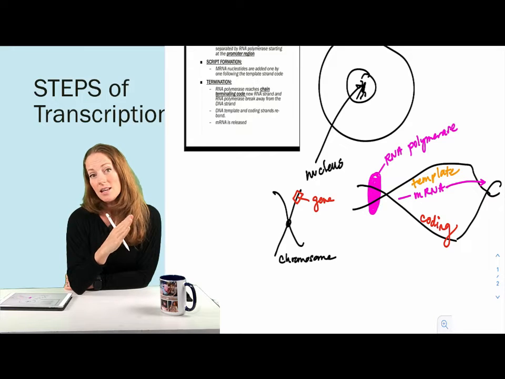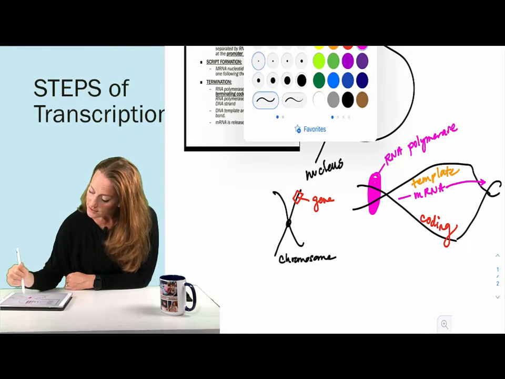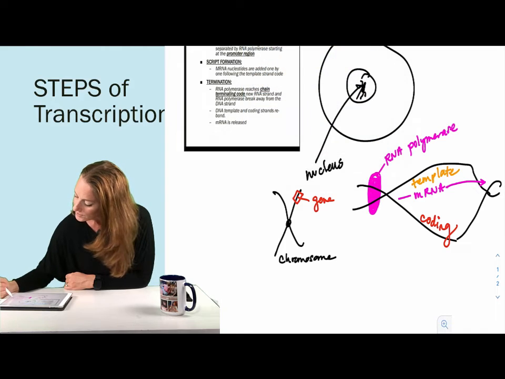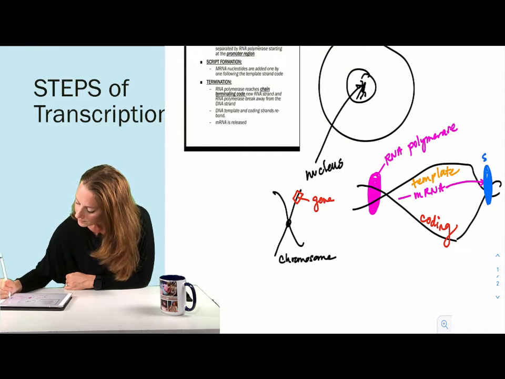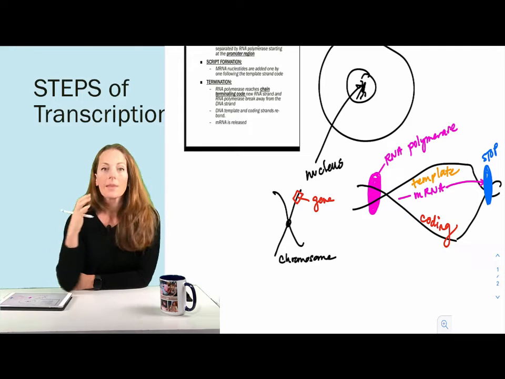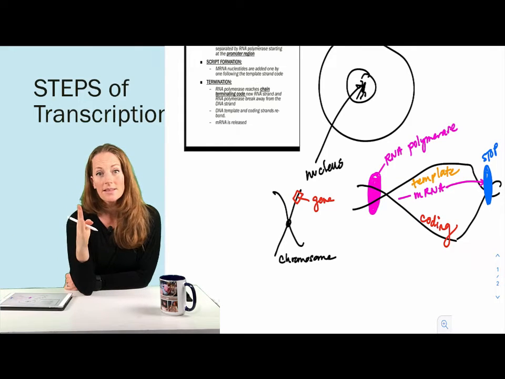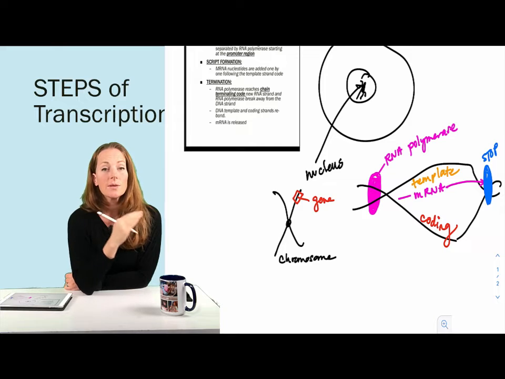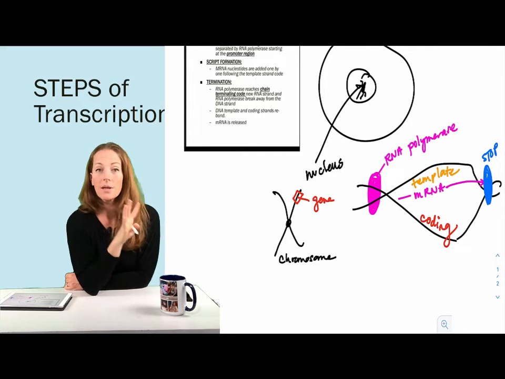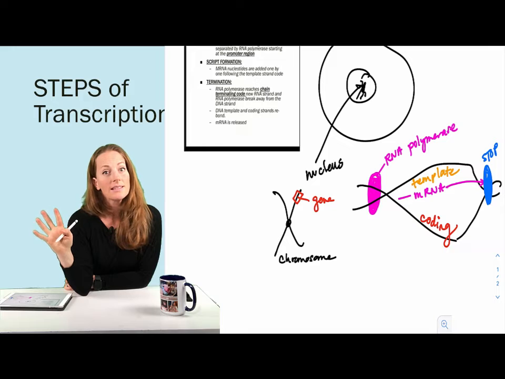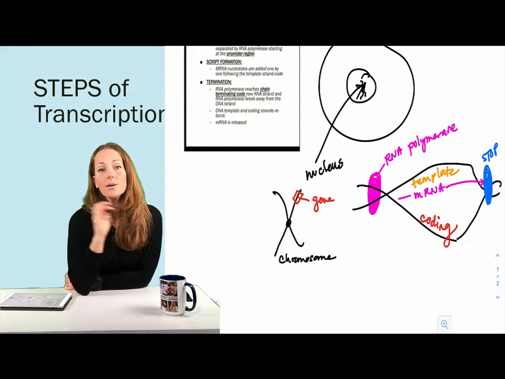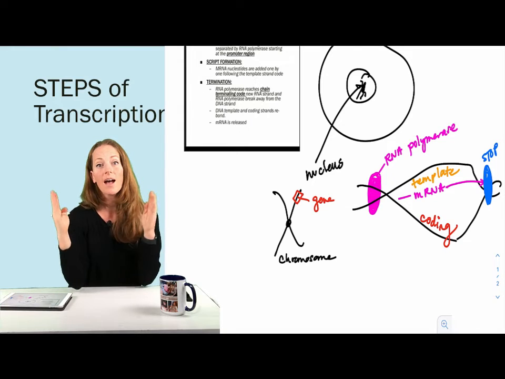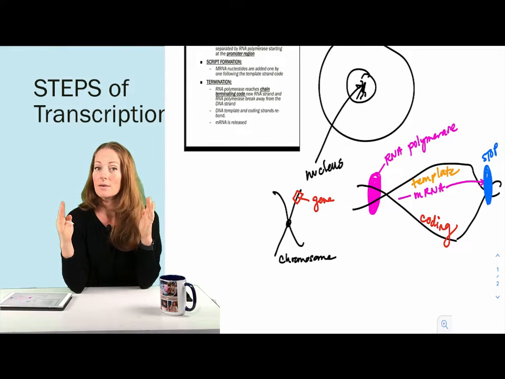It's going to continue until the stop codon is reached at the end of the sequence of that gene. So the sequence of the gene includes a sequence for a promoter and a sequence for the termination of transcription. These sequences are very important for highlighting the portion of the gene that's going to be transcribed.